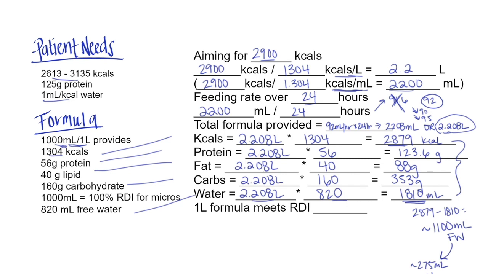Our last variable here is whether or not we're going to meet the RDIs for our micronutrients. We know that 1 liter of formula is going to meet them, and we are providing 2.208, so we know that we have met them. Give that a check, and look at that, we were able to quickly calculate through all of the things that we're providing to this patient. So let's set up our second patient here, and we'll see how this works for each of our different enteral calc needs.